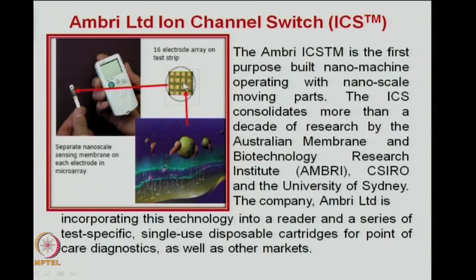So, these kind of biomarkers can be checked if you have the right biomolecules on this chip.